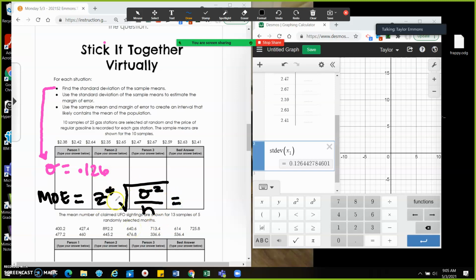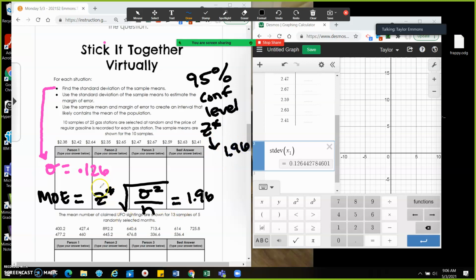Okay, this z critical is going to be 1.96 because we're going to talk about the 95% confidence level, which is going to result in a critical z value of 1.96. Now your teacher probably told you the z critical is going to be just 2. And that's okay since we're actually just estimating, right? We're estimating the margin of error.